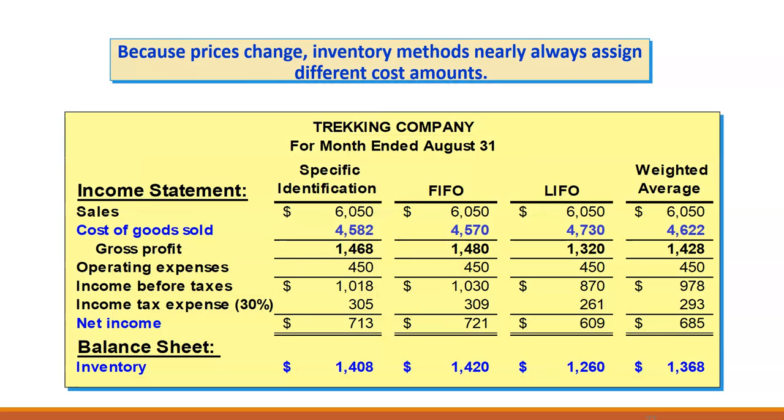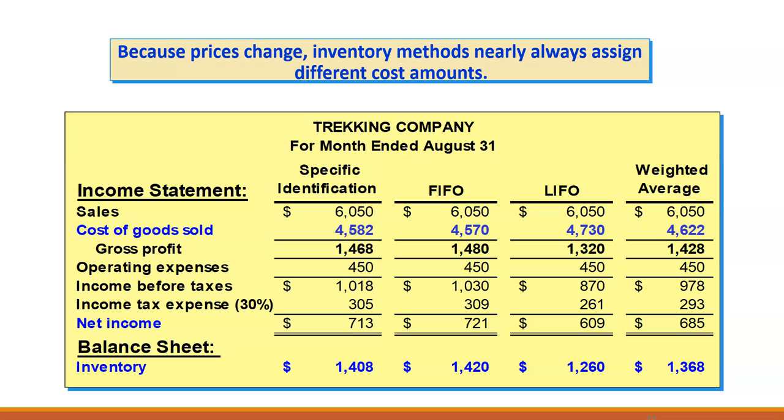So we can see them side by side here. Because prices change, inventory methods almost always assign different cost amounts. So we have different cost of goods sold and different ending balance on our inventory under every single method. Now we can see that there are tax effects of those costing rules because our cost of goods sold is highest under the LIFO method.